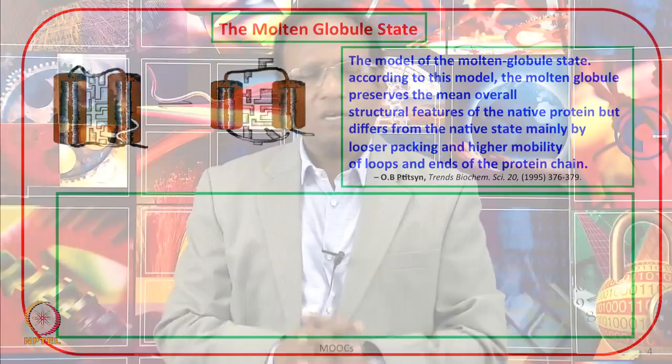Before we actually start discussing the thermodynamics of the molten globule state, it will be very important to first understand what the molten globule state is. Let us discuss a little bit more about this, and also what is the relevance of the molten globule state to the actual intermediate states which are observed in the protein folding pathways. Let us take a look at the comments.